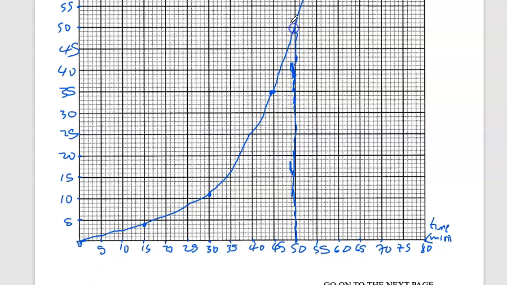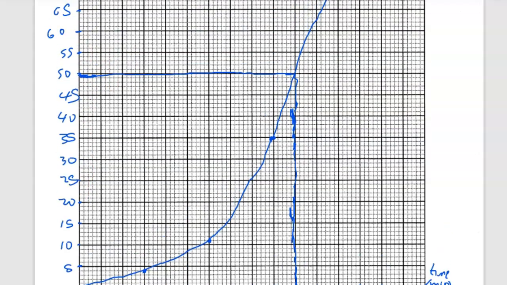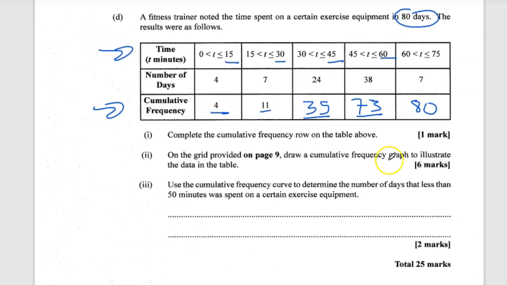At the point where it touches the curve, draw a line horizontally to touch the days axis. And it's 50. So the answer there would be 50 days.